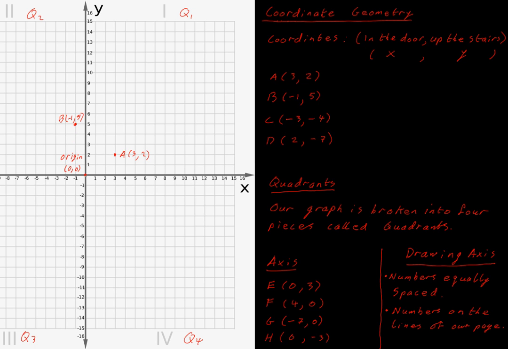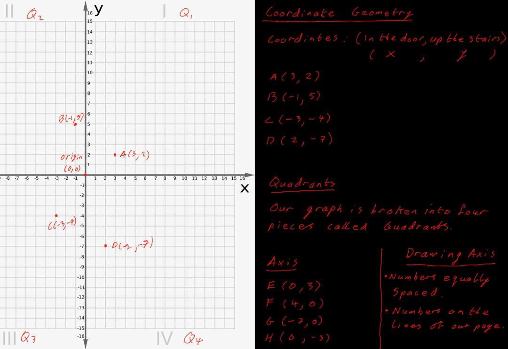So start at the origin, in the door -3, down the stairs -4, or up the stairs -4, whichever you prefer. So down 4, and we end up at C, at -3, -4. Then D is at 2, -7. So start at the origin, in the door 2, down the stairs 7. D is at 2, -7.